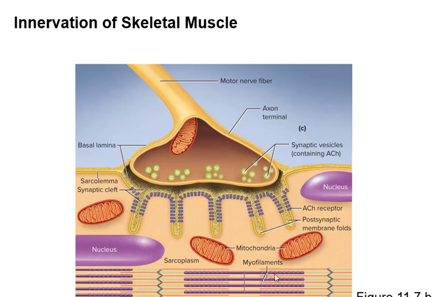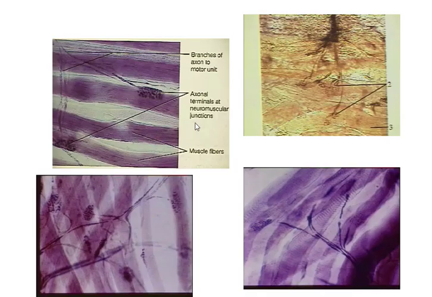And right here we have a series of sarcomeres. Here's a sarcomere, there's your actin, there's your myosin. And so, spoiler alert, once you get the acetylcholine across the synapse and you activate the acetylcholine receptors, you're going to get these muscle fibers to contract.